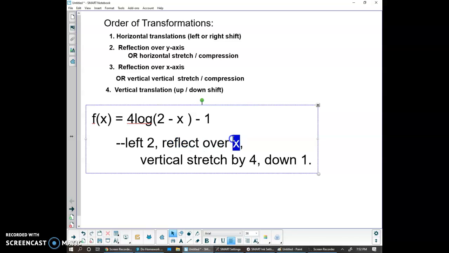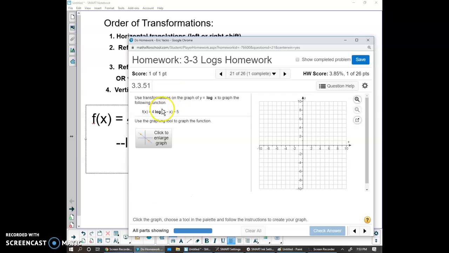Scratch that. That's also incorrect. We're not going to be doing a reflection downward yet. We're still on number 2 here. We're going to be reflecting over the y-axis. So remember, everything horizontal happens first. Going left is horizontal, and reflecting over the y-axis is horizontal. So horizontal stuff first. Then we're going to do the vertical stretch by 4, followed by down by 1.